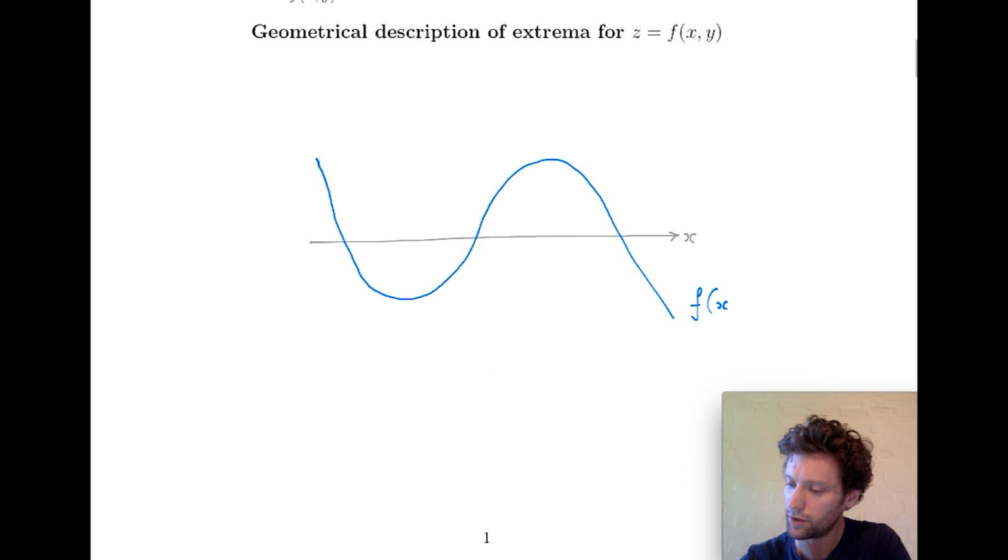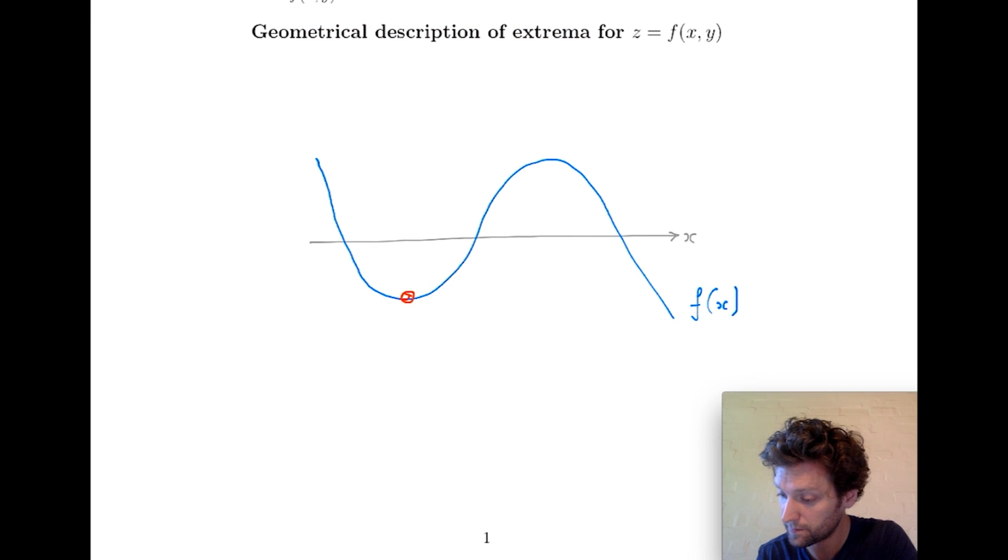So I've drawn here a function of one variable, f of x. And you can see that it has a fairly clearly defined maximum and minimum value. We know there's a max and min there because that's where the function levels out. If you like, that's where the function has a derivative equal to 0.